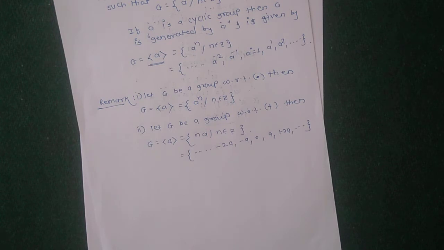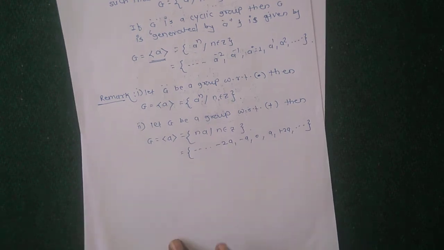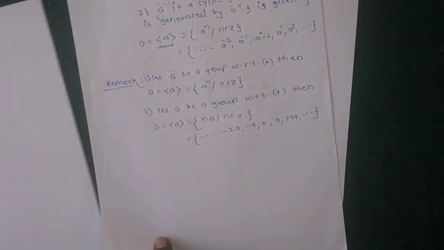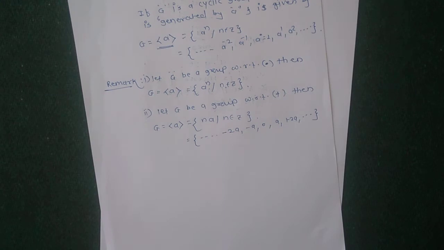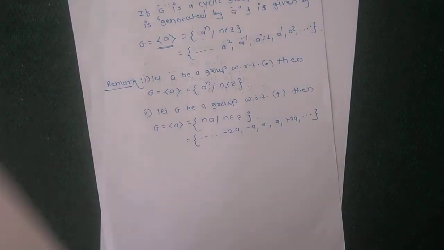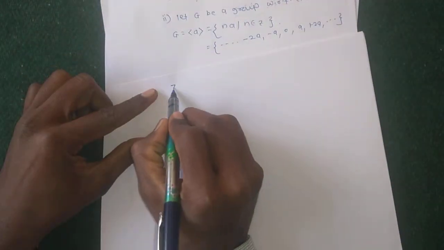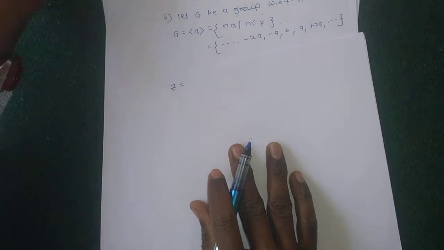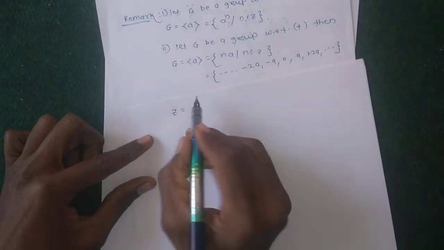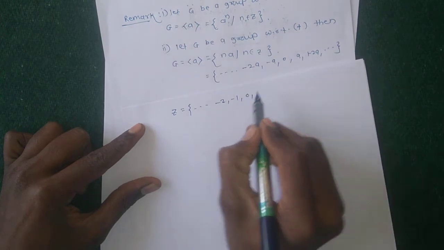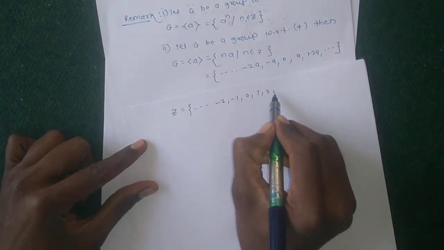So another example, with respect to addition. Suppose we take the set of integers Z, which is minus 2, minus 1, 0, 1, 2 and so on.